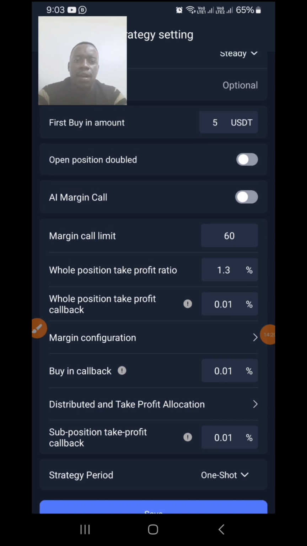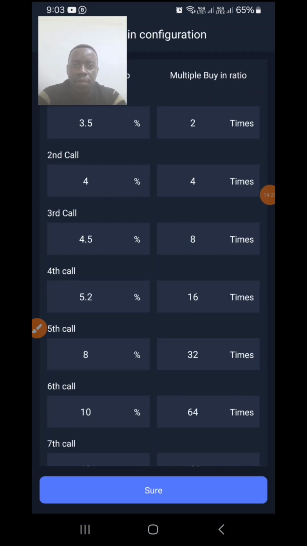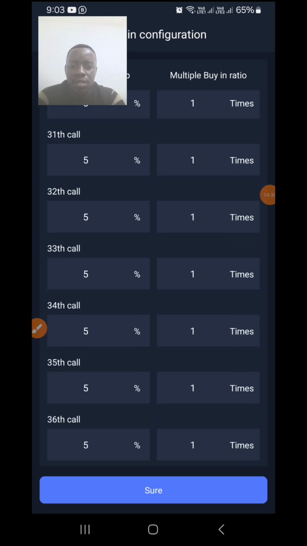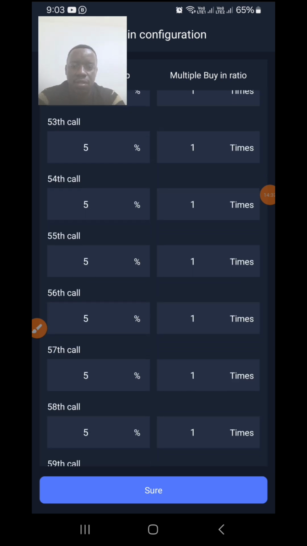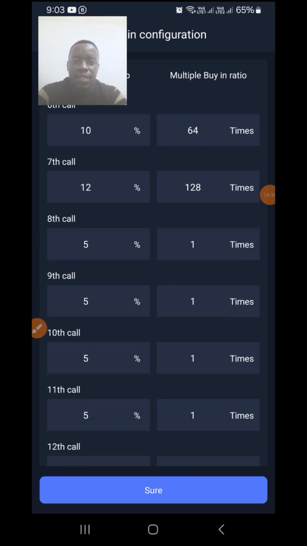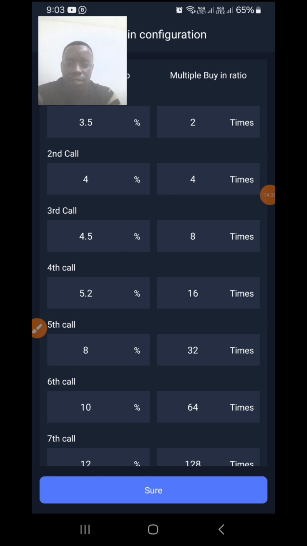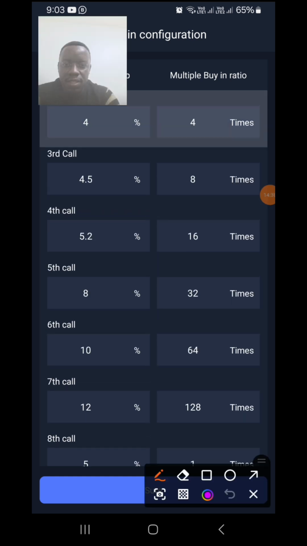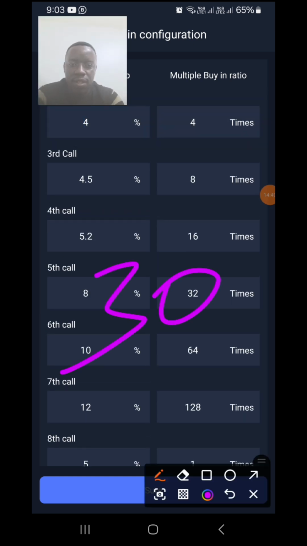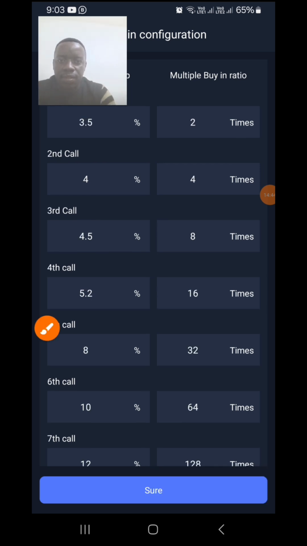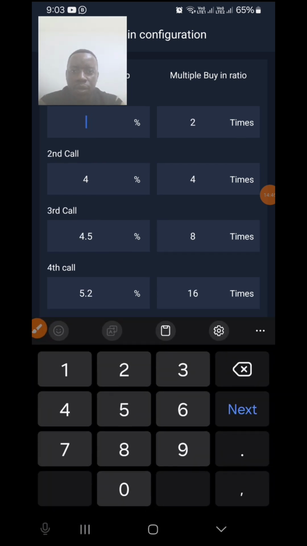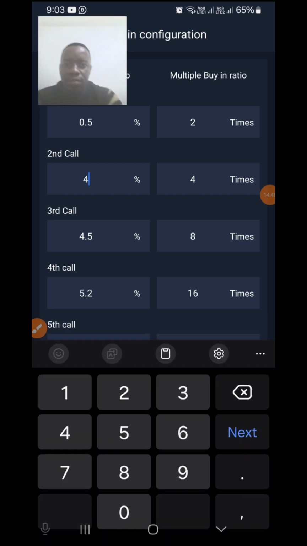So after, we are now going to configure our margin call configuration. Here, remember we are having 60 calls. Now I want us to see we have 60 calls, but we want to use 30 drop, which means each and every drop we will use 0.5.